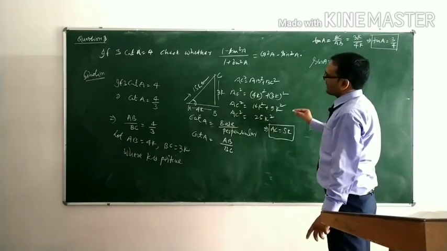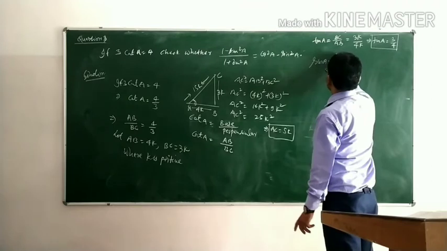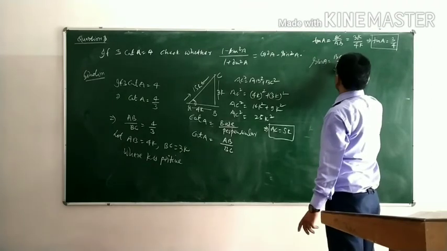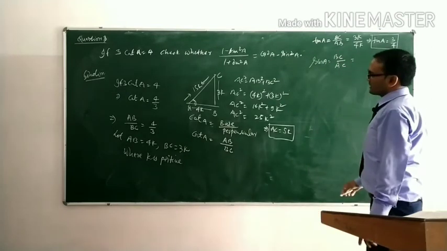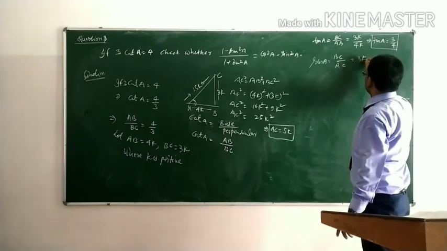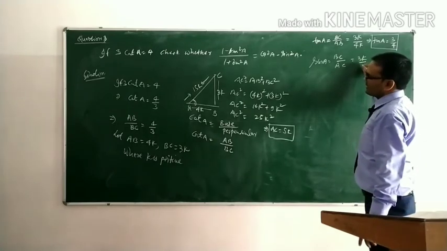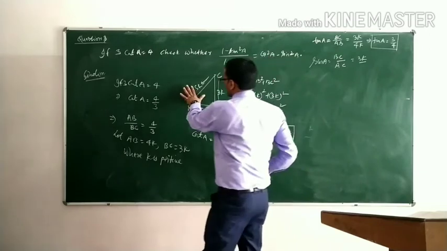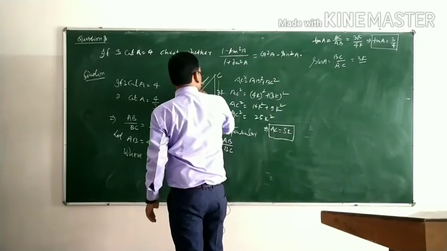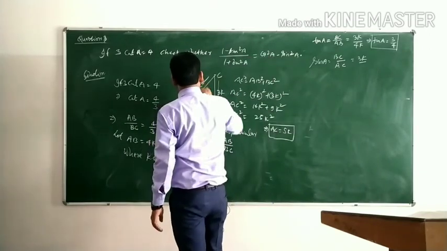BC upon hypotenuse AC, which is 3K upon 5K.